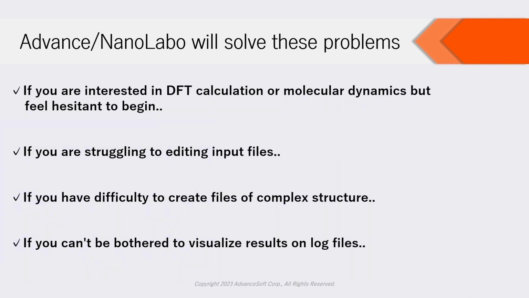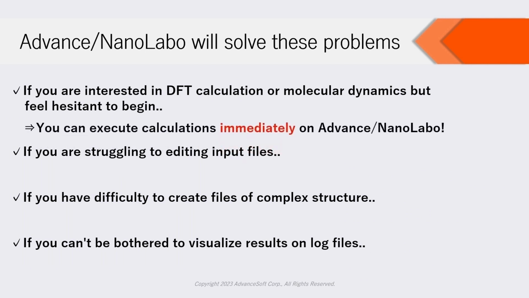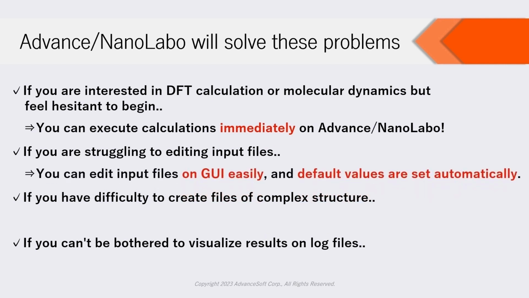NanoLabo will solve these problems. If you are interested in DFT calculation or molecular dynamics but feel hesitant to begin, you can execute calculations immediately on Advanced NanoLabo. If you are struggling with editing input files, you can edit them on the GUI easily, and default values are set automatically.